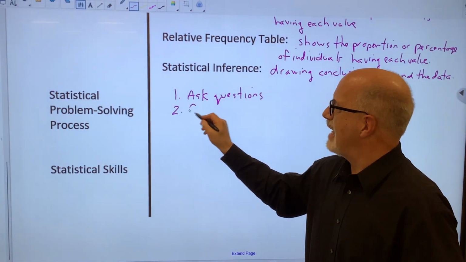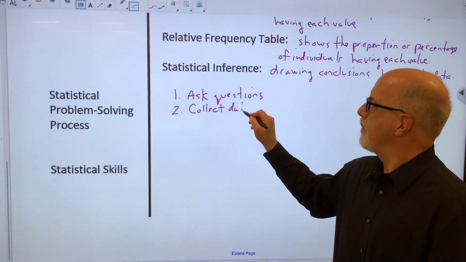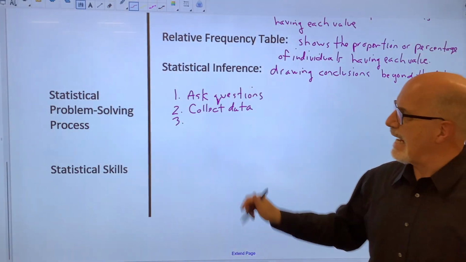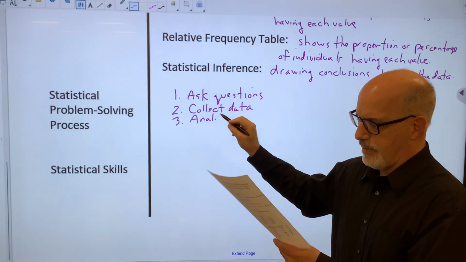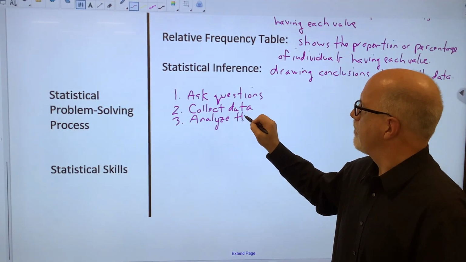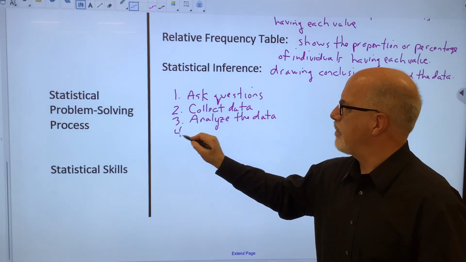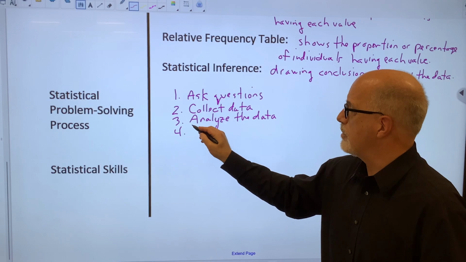Next, we collect data. The third step after we do that is to analyze that data. And then the last step, once we've analyzed the data, is to interpret what the results are.